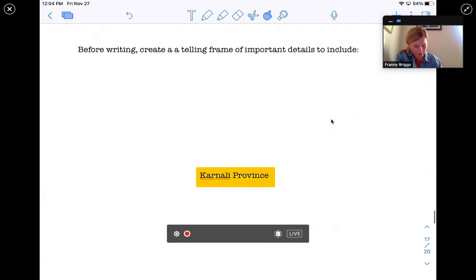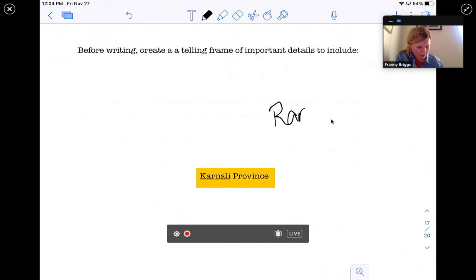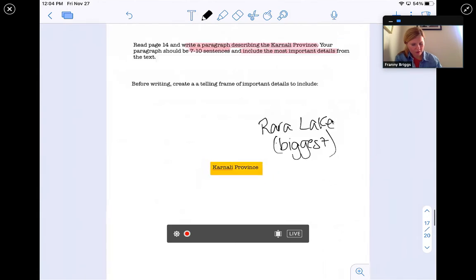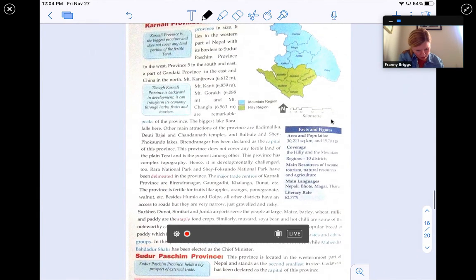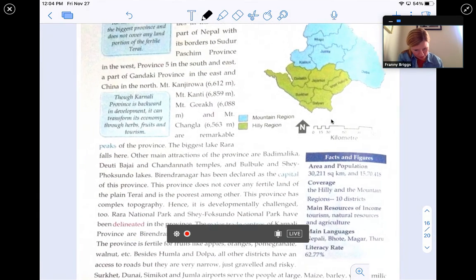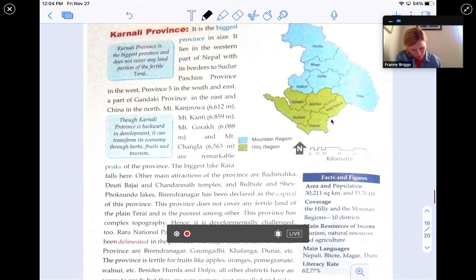So you say, okay, the Karnali province, I saw that Rara Lake is there, which is the biggest lake. Okay, what else should I put in there? Okay, let's see. Do I need to list every single province that it borders?